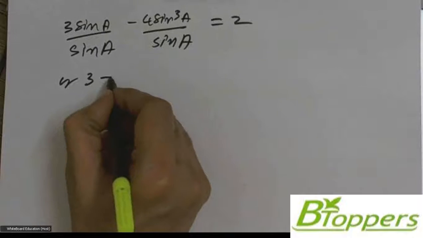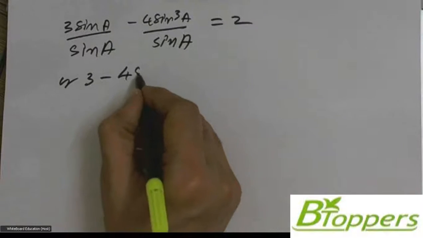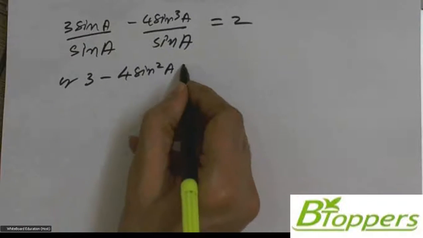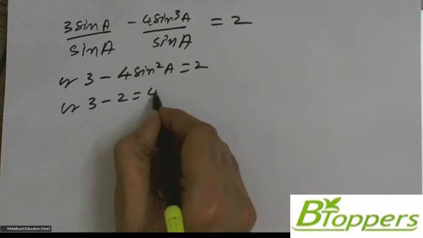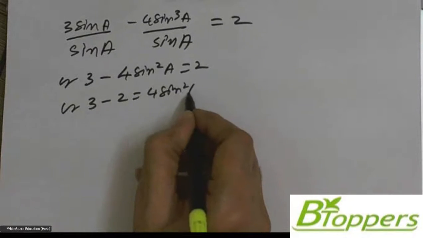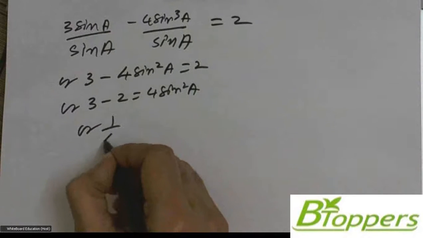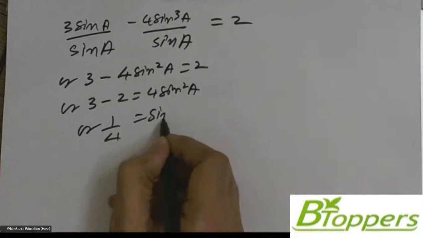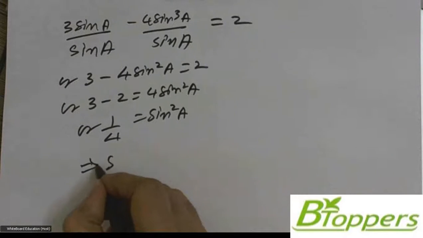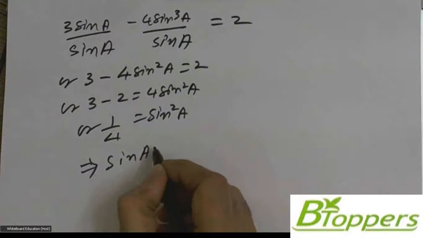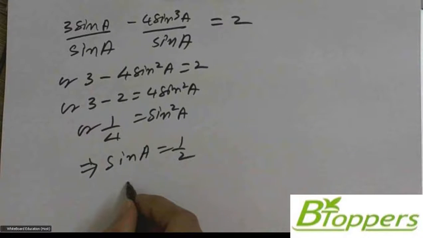So you get 3 minus 4 sin square a equal to 2. 3 minus 2 equal to 4 sin square a, and 1 by 4 equal to sin square a, or sin a equal to 1 by 2.